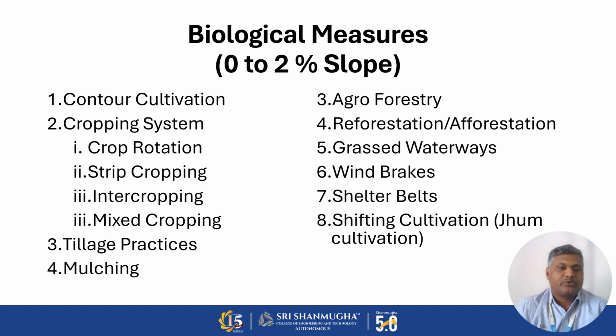That is crop rotation. In strip cropping, we form a cropping system on strips. In intercropping, we cultivate two or more crops within a piece of land. That is intercropping. In mixed cropping, two or more crops are mixed on the same area. That is called mixed cropping.